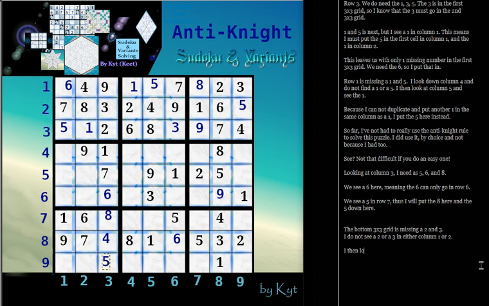I then look for a 2 or 3 and do not see any near enough to make the anti-knight rule useful. I move on.